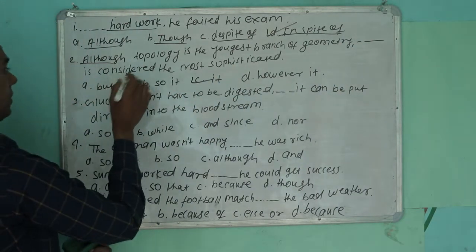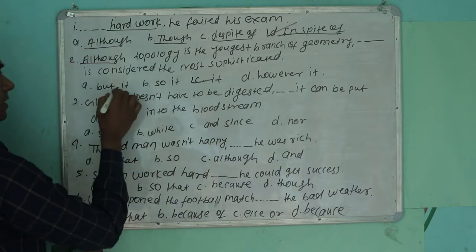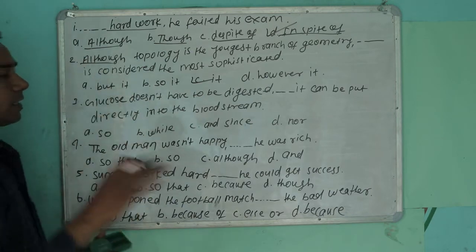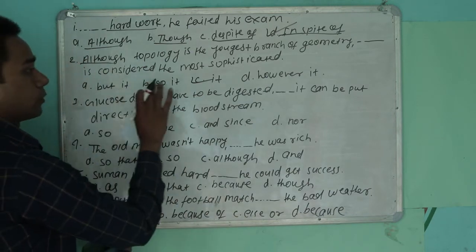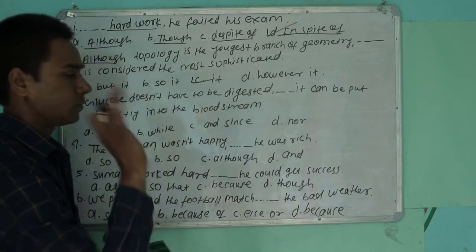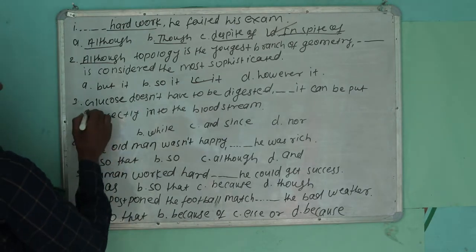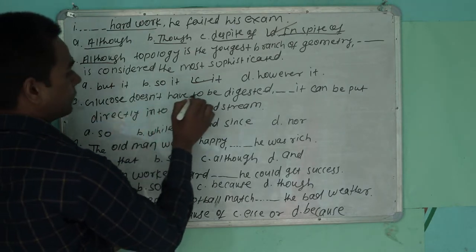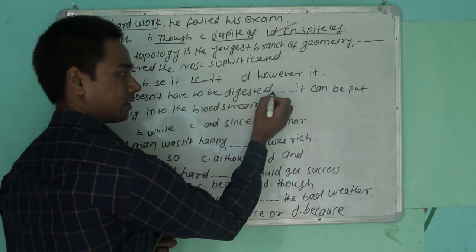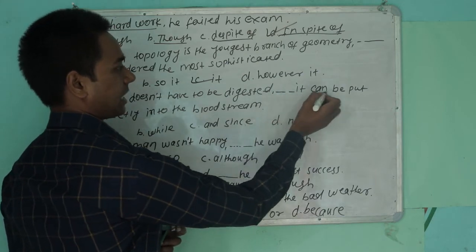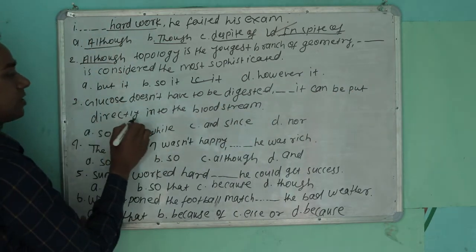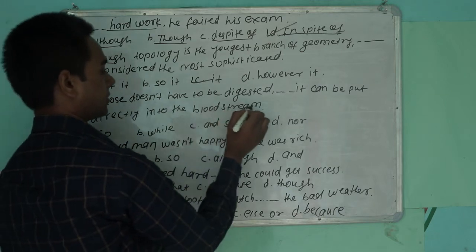Why not but it? If there is although, then don't use but, so, however, nothing. Only the subject it. Okay, then after, glucose doesn't have to be digested, it can be put directly into the blood stream.